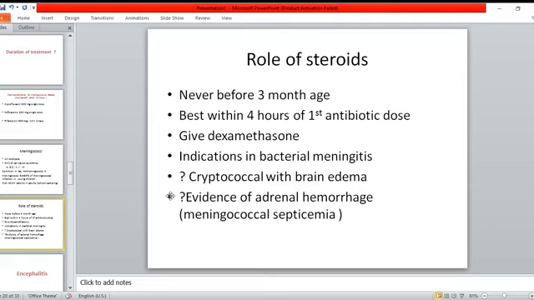Regarding use of steroids, usually we give steroids in bacterial meningitis. If a patient has clear purulent CSF, we start steroids. It's very important. Or if white blood cells are above 1,000, or a high level of protein.